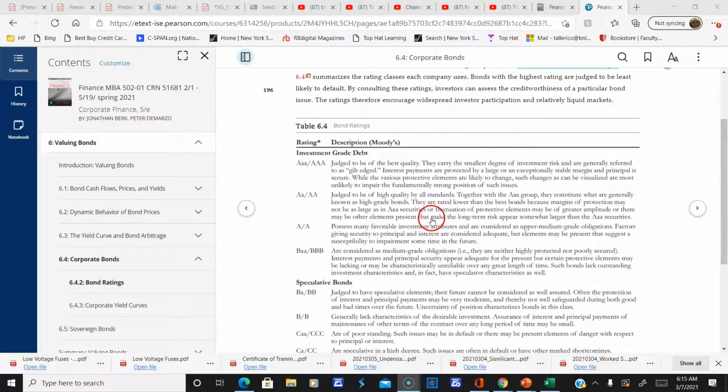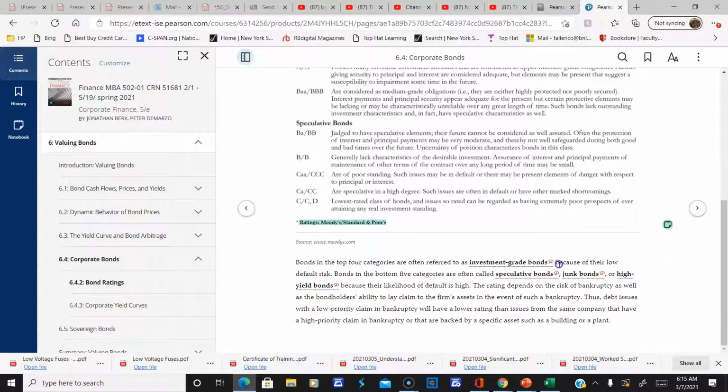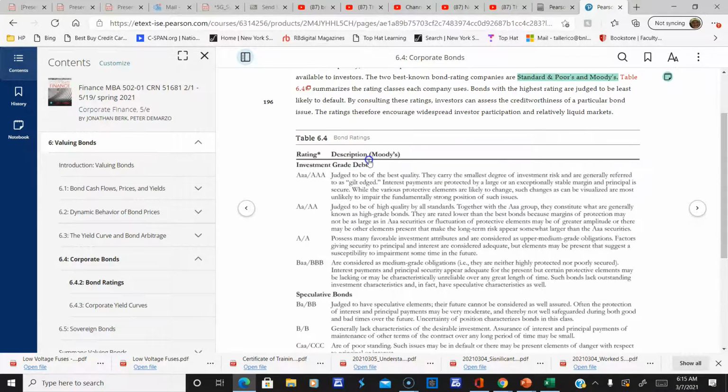So just to be clear, the description is Moody's description, but you see the two grades here with the slash? See that slash? All right, so there's a little asterisk up here to make it clear. So the one on the left of the asterisk is the Moody's rating, and the one on the right is the Standard & Poor's rating. Okay, but the description itself is Moody's.